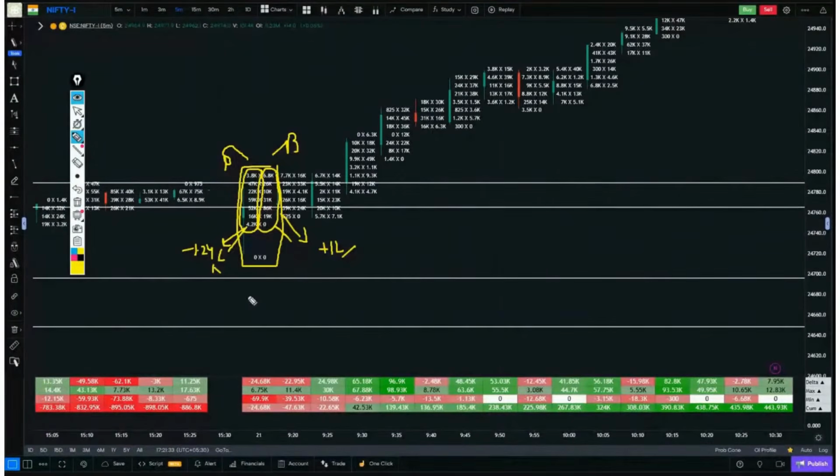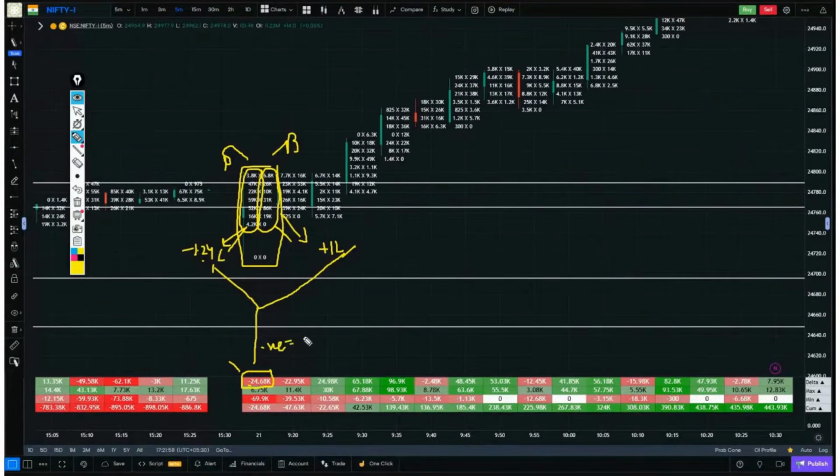What is the difference between these two? 24,000. Who has more? It's the seller, that's why the value is inside the red box and there's a negative sign in front of the value, because this shows that the sellers are more powerful right now, and this is what we call delta. Negative delta simply means sellers.